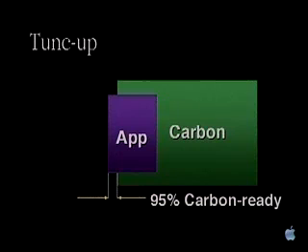When you look at an application, and we surveyed lots and lots of applications, they're typically 95% Carbon ready. Now, what does it mean to be Carbon ready? It means that about 5% of the calls that the application made were calling into those old bad APIs. And it's not because you're bad people. I'm sure you're all very nice people.